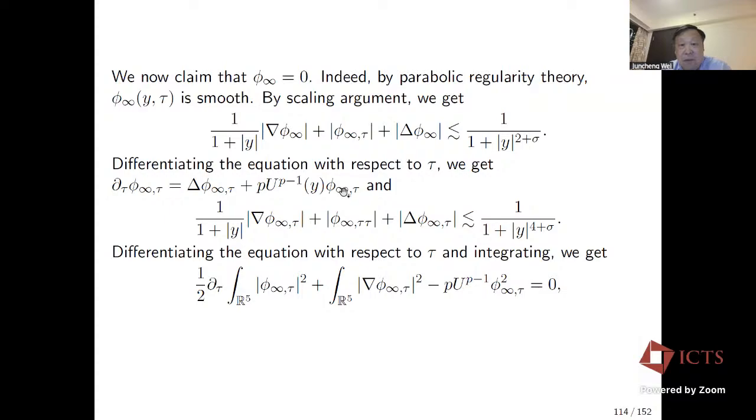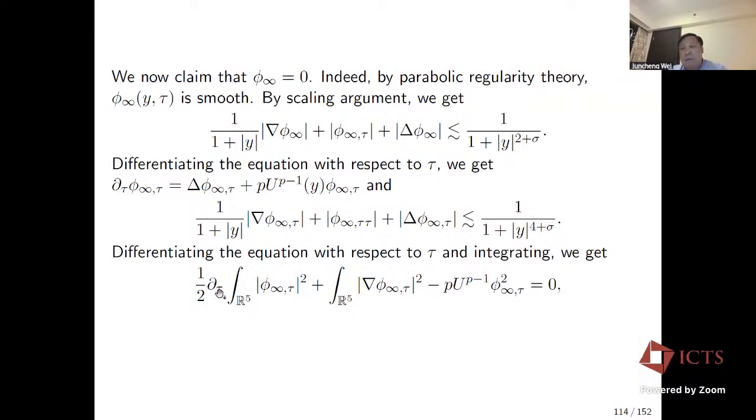And then we multiply this equation by phi tau, and then integrate, and we get this energy identity.